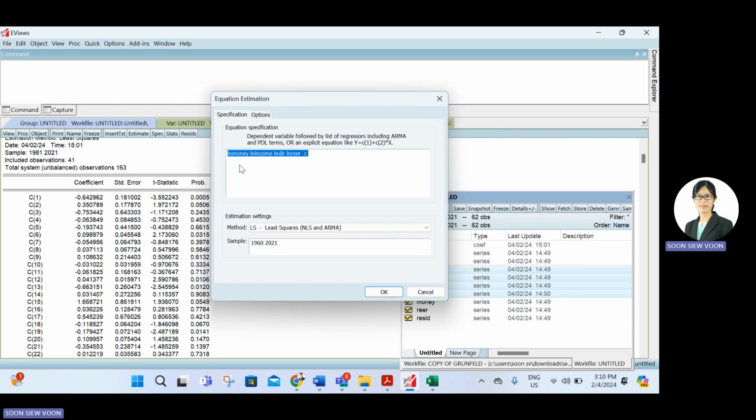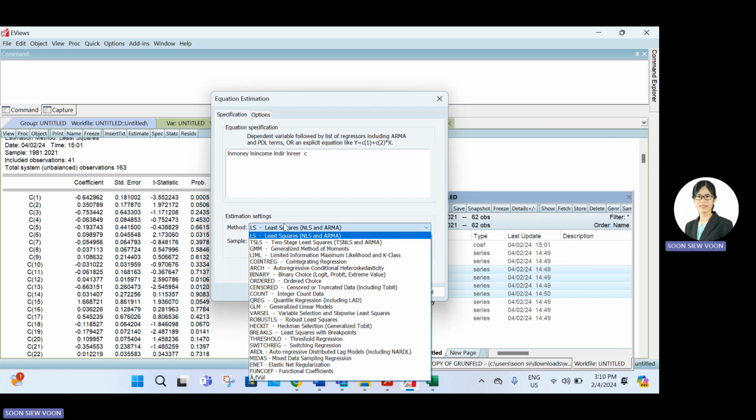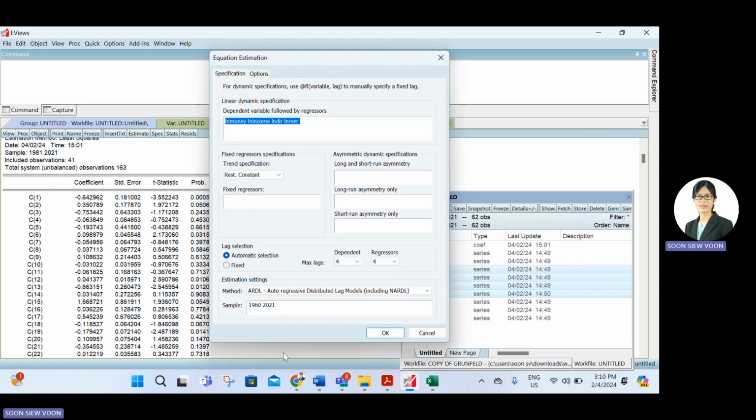So again, the money as the dependent, followed by income, interest rate, and exchange rate. Then for the method, when you scroll down, we look for the ARDL. For those performing the analysis for the first time, the ARDL is a single equation. So we choose the ARDL, which stands for the autoregressive distributed lag model. You click on the button here.